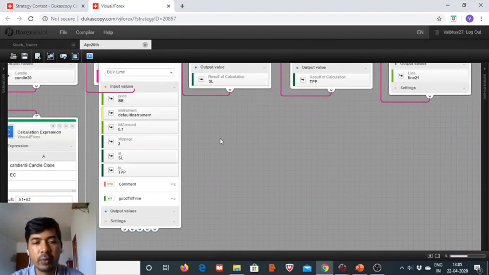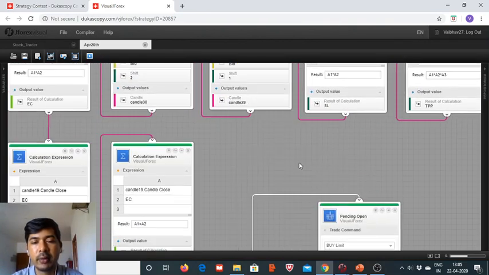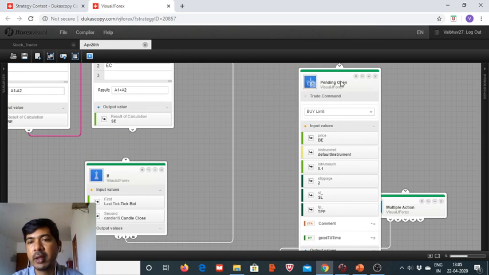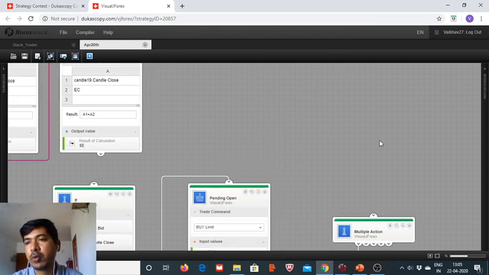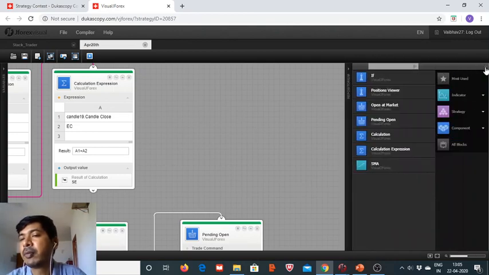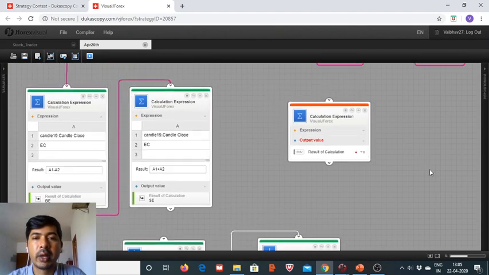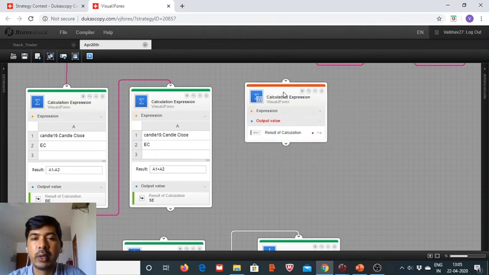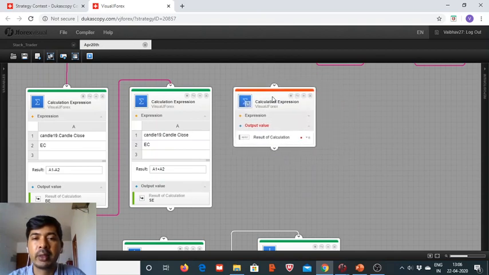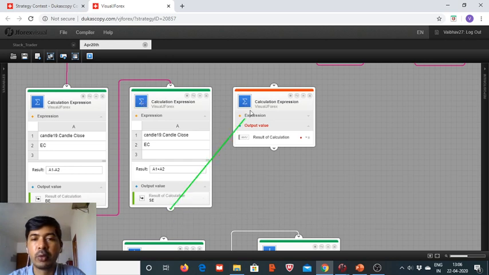And now we need to define the order validity time as well, and for that we will need to do one more calculation. In 1 hour there are 3.6 million ticks, so if you want to use 1 hour's order validity, you will need to add 3.6 million ticks to the last candle closing time.